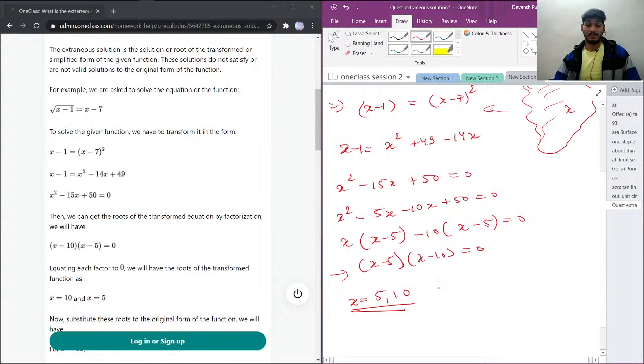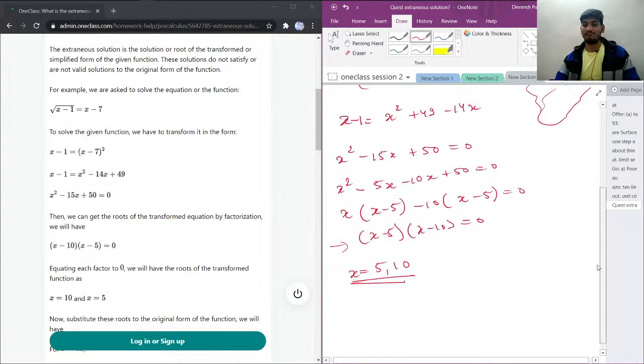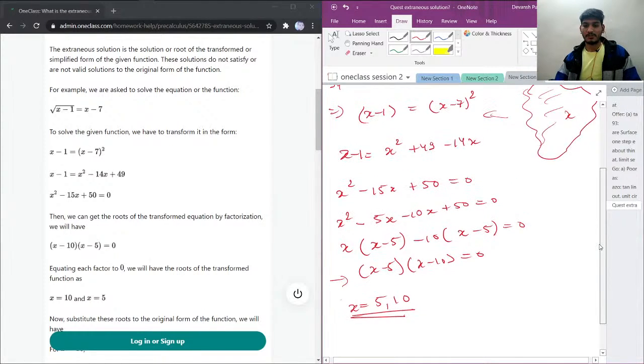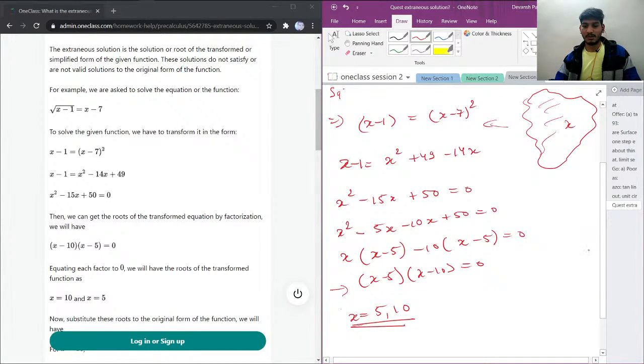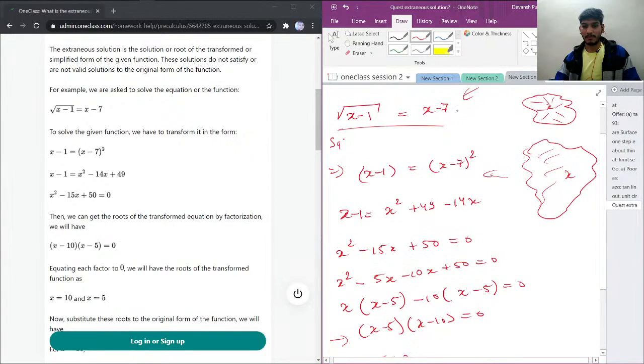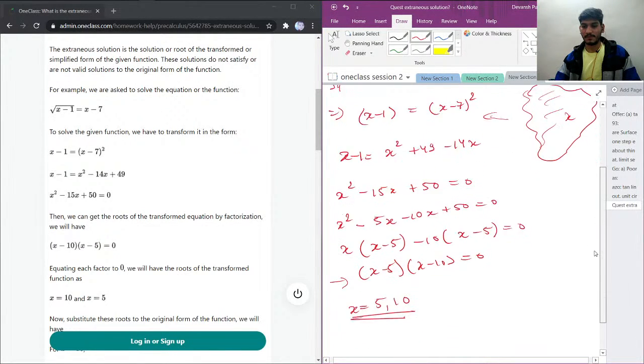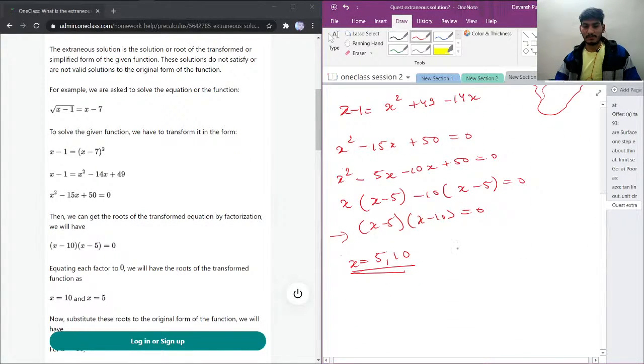Now the actual thing comes here. So whatever I was talking about, you are going to see the actual thing from this step. If I put x equal to 5 back into my original equation, let me just write my original equation. It was square root of x minus 1 equals x minus 7.